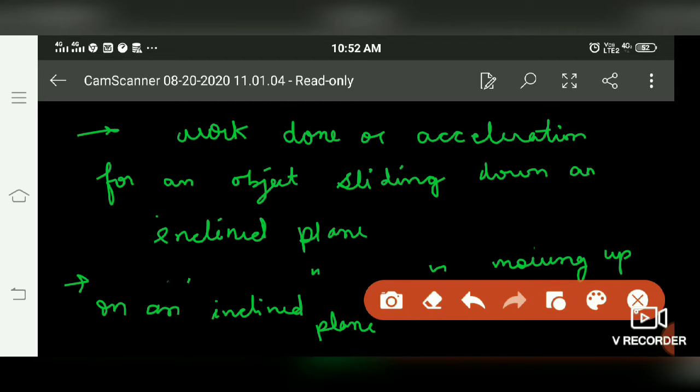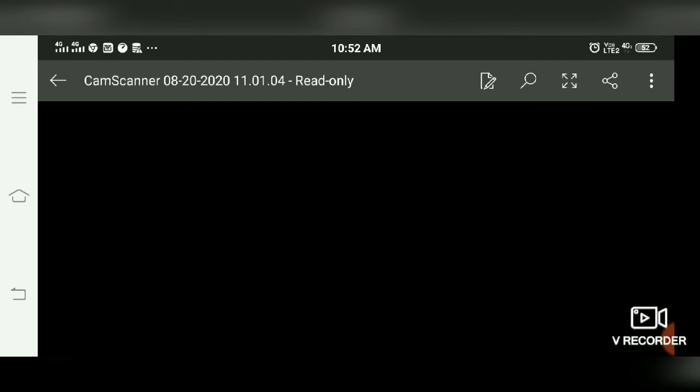Now we have to discuss these two topics and also derive the relation for these two.